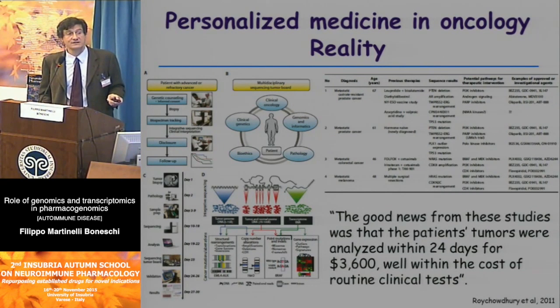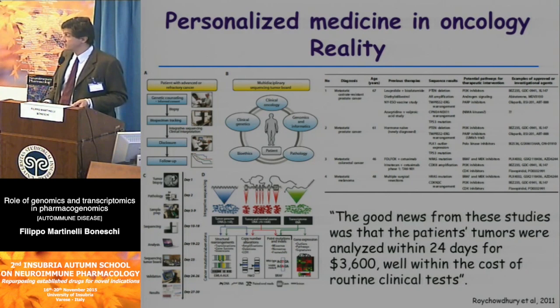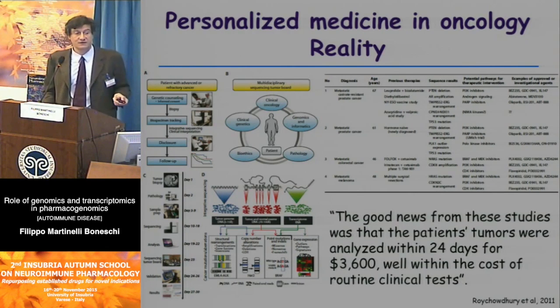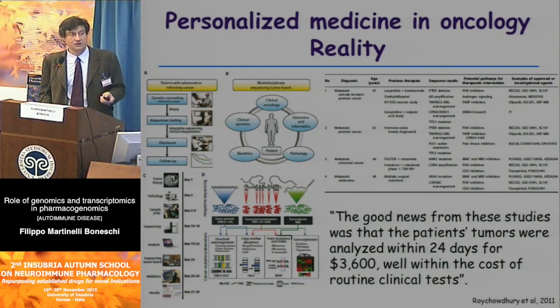So these are 4 cases in which the conclusion is, and this is a typical conclusion from the United States, in which you have to put everything in money, that with $3,600 within 24 days, it had been possible to treat 4 tumors which were untreatable, which is, I think, a very good use of money for treating the patient.